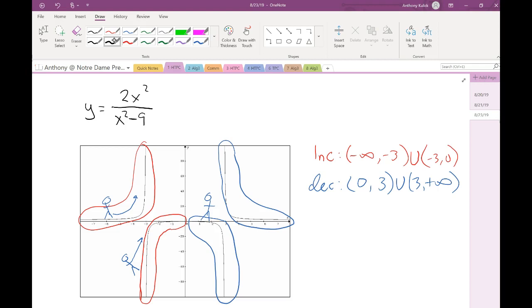Is everybody okay with what I've done here? Stop talking, please, guys. Question. What if I had written, instead of negative infinity to negative 3 and then negative 3 to 0, I just wrote negative infinity to 0? Is that okay? No. Why not? Yeah, negative 3 is not in the domain, so it can't be included in our interval.